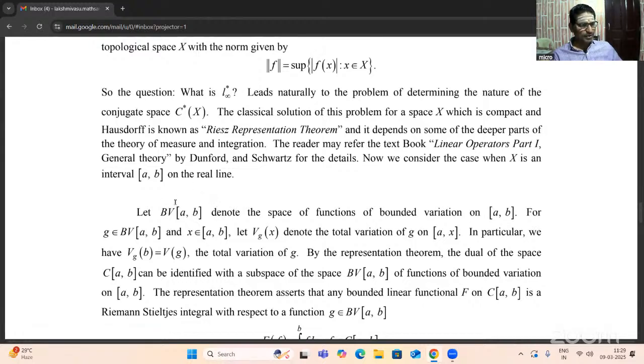The bounded variation concept was already introduced in the real analysis paper: a continuous function is of bounded variation, and at the same time a monotonic function is also of bounded variation.